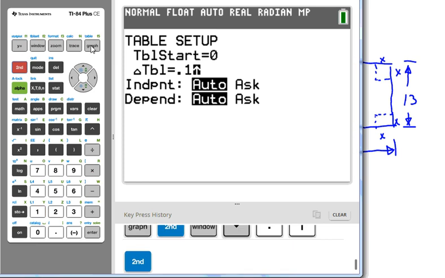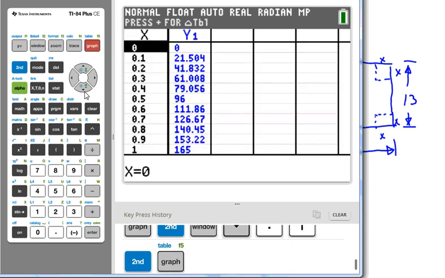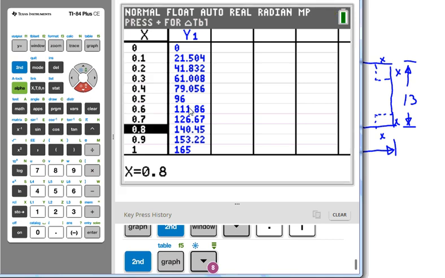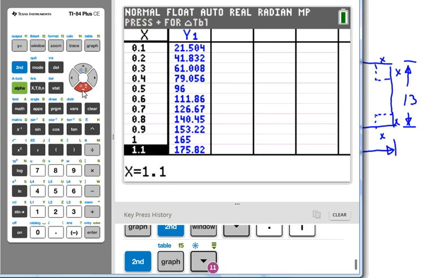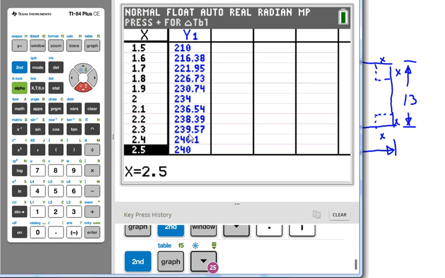And we go to table view from here, we can see wherever this y value is the greatest, that is going to be the proper tenth of inches value. So you come up here, getting bigger, bigger on the right here, still getting bigger. And then when we get to 2.3, 2.4 is the maximum, 240.1, and then the function value starts going down after that. So the correct answer to this will be 2.4.